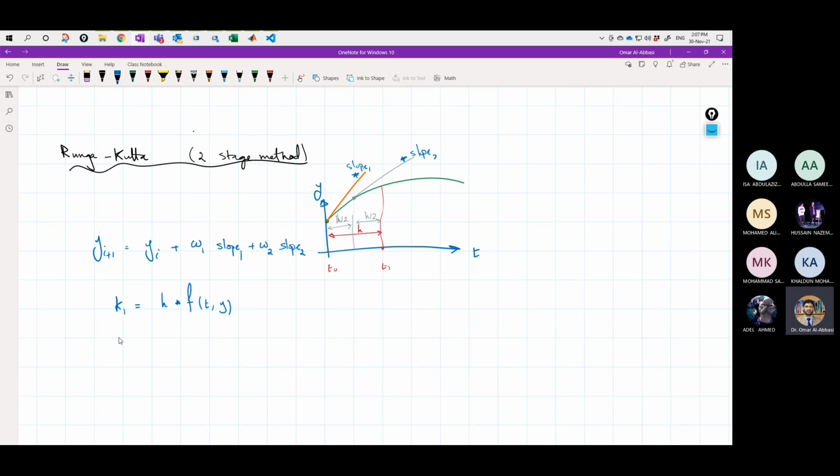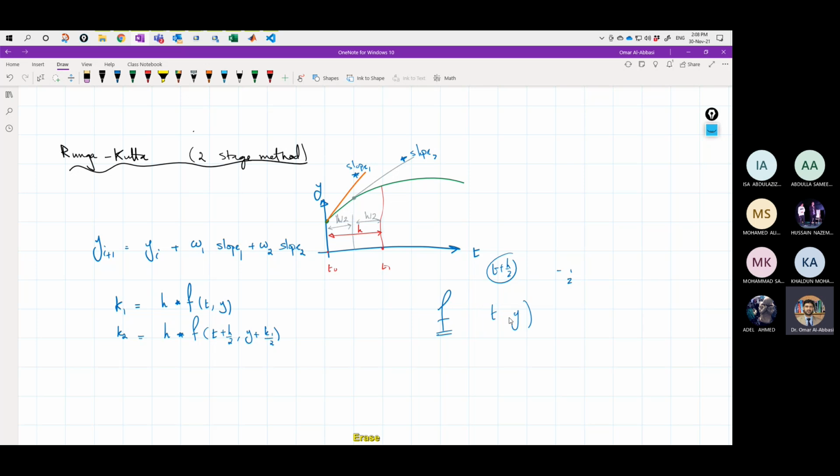And K2 equals h multiplied by the function evaluated at the midpoint, at t plus h/2, comma, y plus k1/2. So every time in the function that you have t and you have y, just replace them by t plus h/2 and y by y plus k1/2.